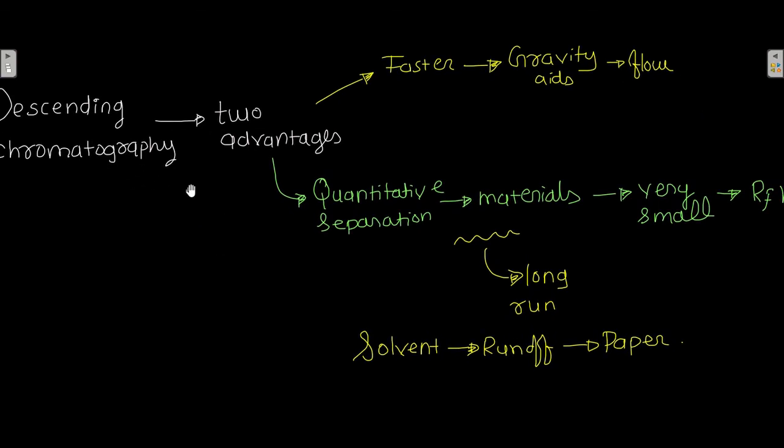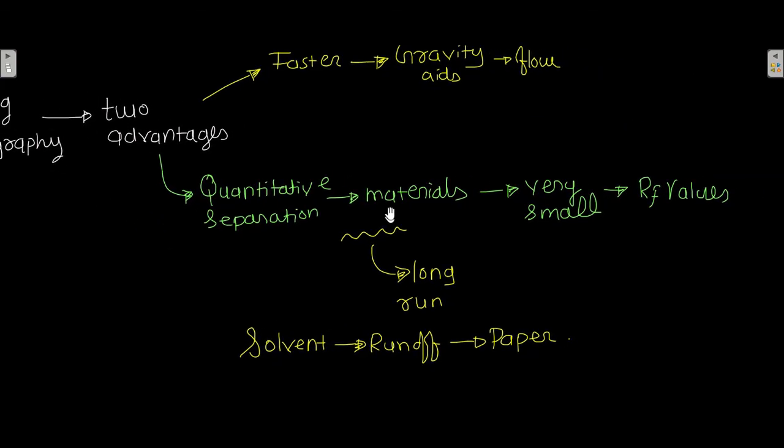The second is that you can do quantitative separation of materials which have very small RF values, which means materials that move very slowly. Why? Because you can run them for a long time.